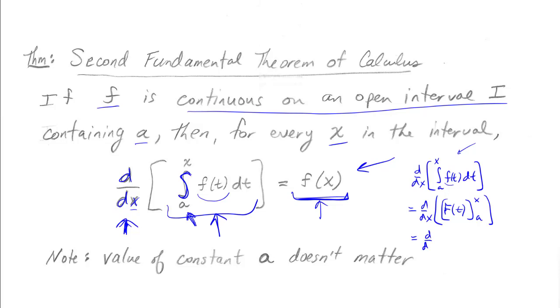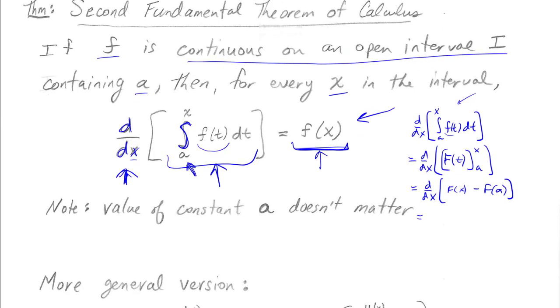But that would be the derivative with respect to x. We would take F and evaluate it at x minus the evaluation at a. So we would get the derivative with respect to x of capital F of x minus the derivative with respect to x of capital F at a.